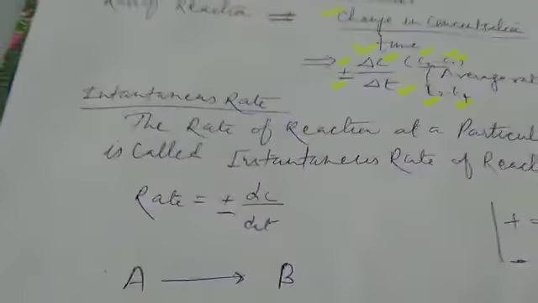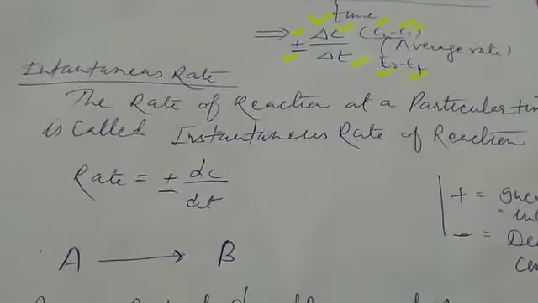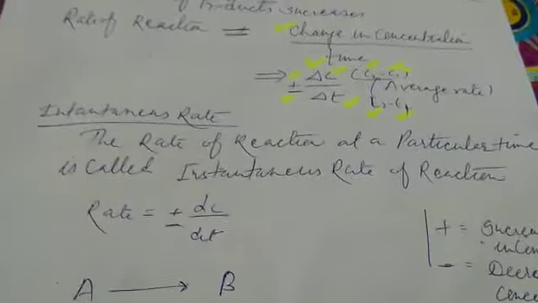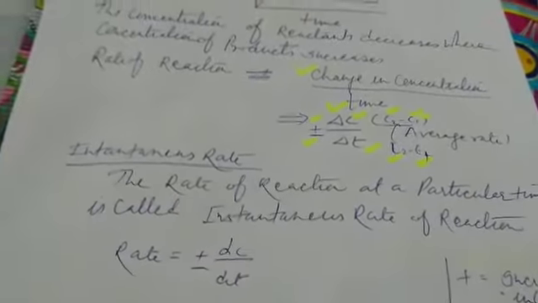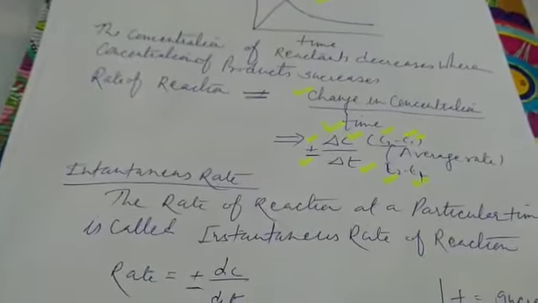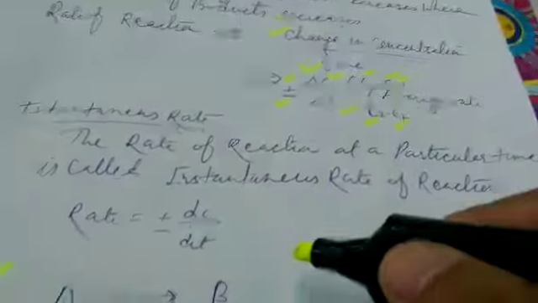Now instantaneous rate: the rate of reaction at a particular time is called the instantaneous rate of reaction. If we are taking a particular moment, then there will be a small change in concentration.